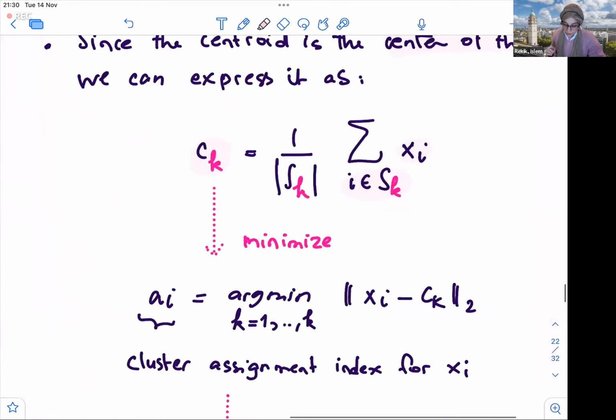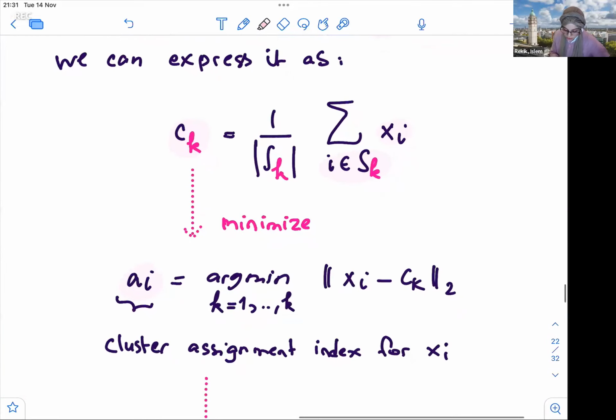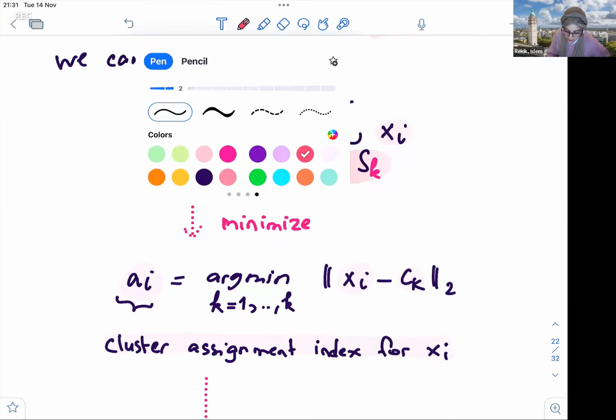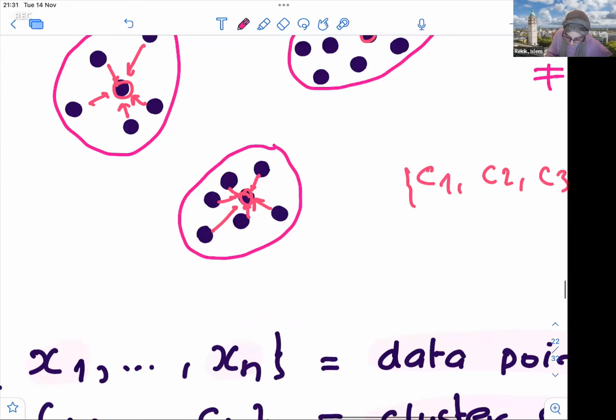Now, if we want to learn the ck, we are after what we call ai. So what is ai? It's actually a cluster assignment index. So we want to minimize the distance between each point xi and ck. So for example, if I have these points and let's say this is C2, okay?